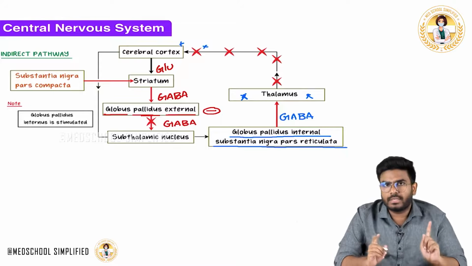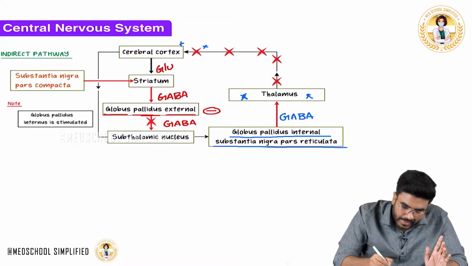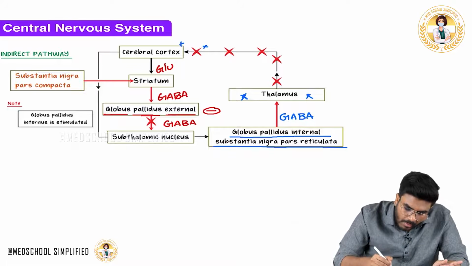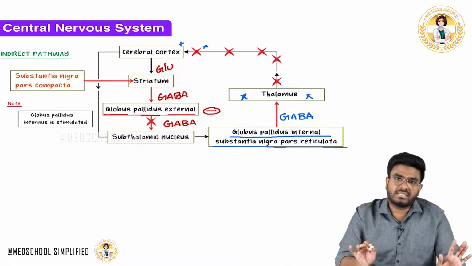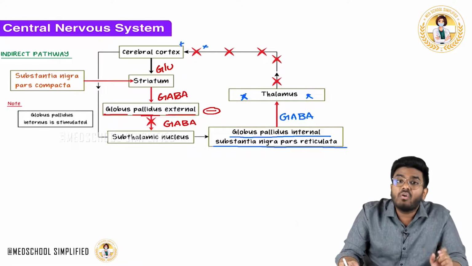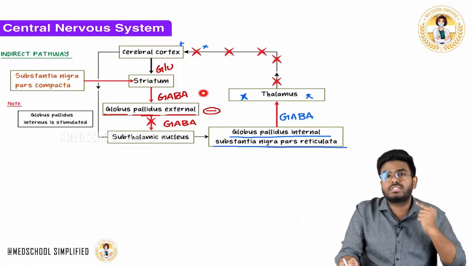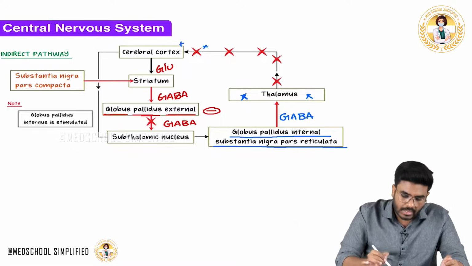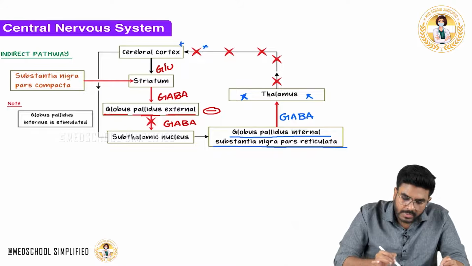Generally, the globus pallidus externus produces GABA, and this GABA will inhibit the subthalamic nucleus. Now according to this thought, the striatum is going to release GABA, and the GABA is going to inhibit the globus pallidus externus.